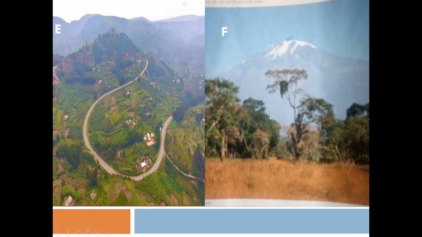Then in photograph F, we still have features, and this could be a familiar environment to some of you. In this photograph, we have an environment consisting of the mountain in the background, the forests, and the grass in the foreground.